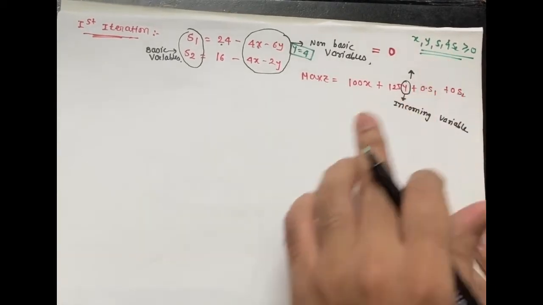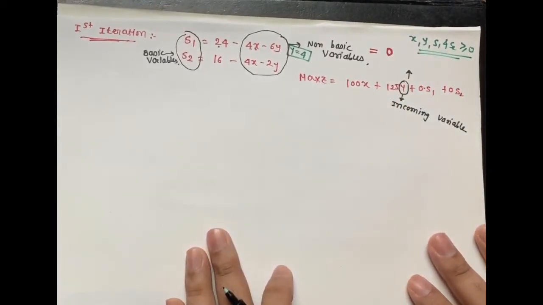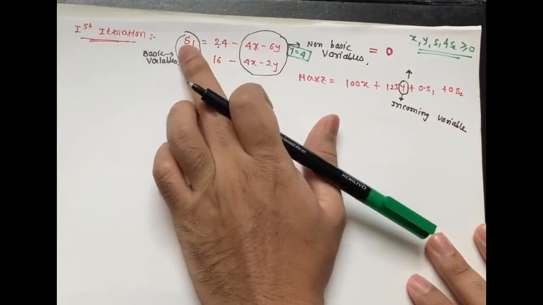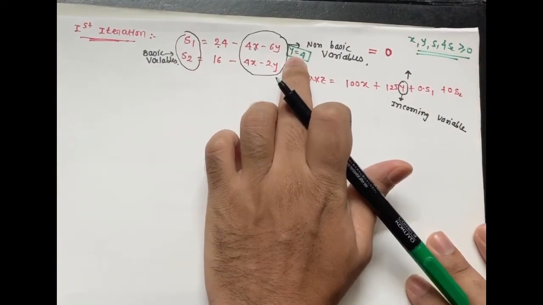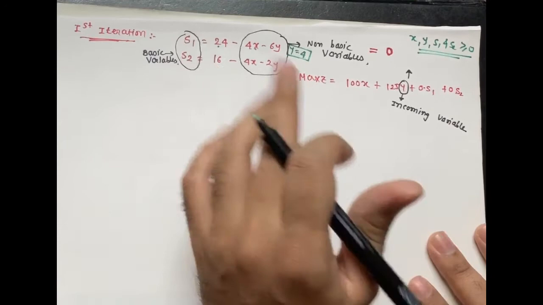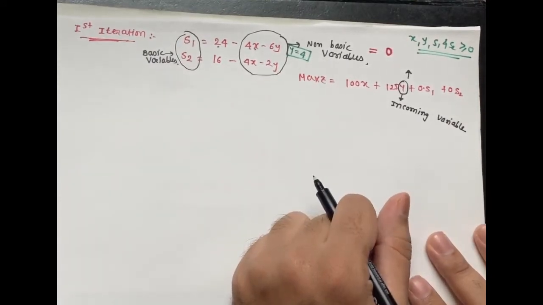So the maximum value by which y can be increased in the first equation is 4. It gives me the value of s1 equal to 0.